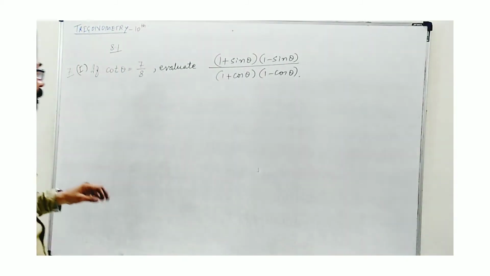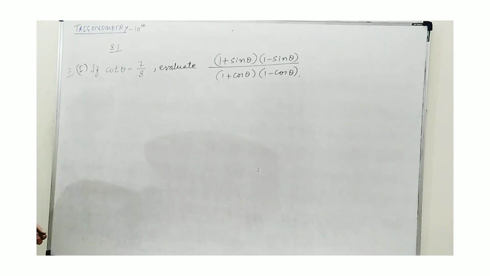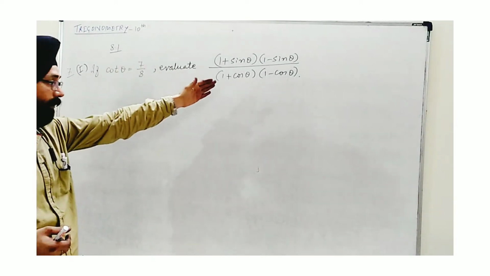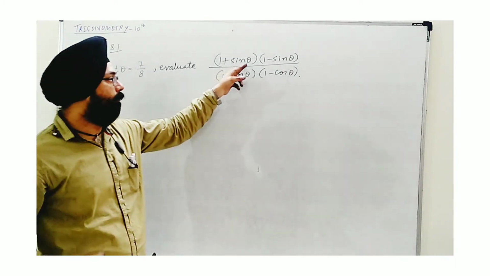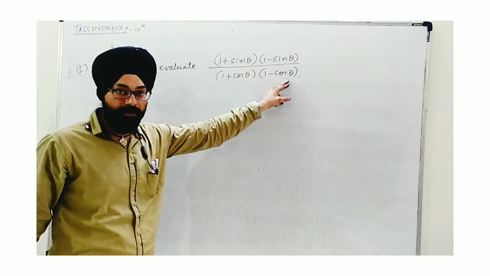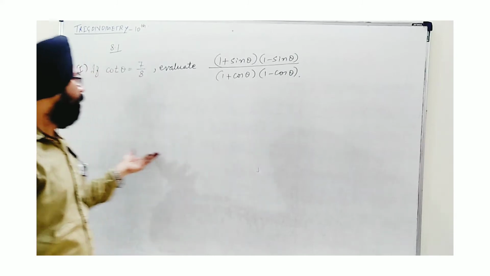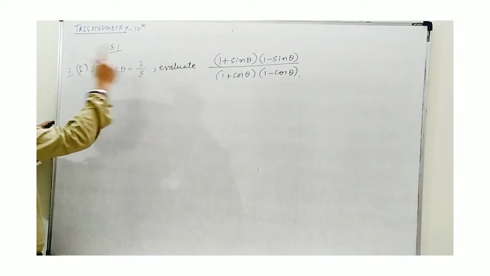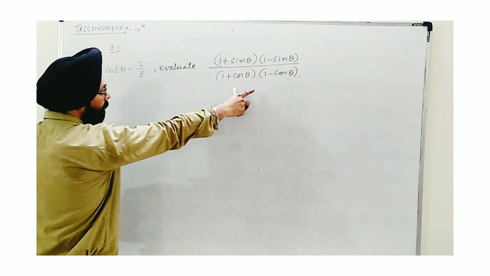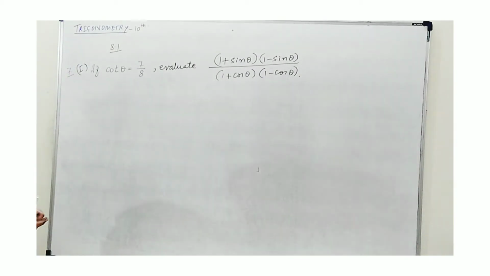So far we were directly told which function is to be obtained. Now we have to look at the expression. It is given in terms of sine and cos: in the numerator only sine, in the denominator cos is used. So it shows that with the help of the given condition cot theta we need to obtain sine and cos, and then evaluate that expression.